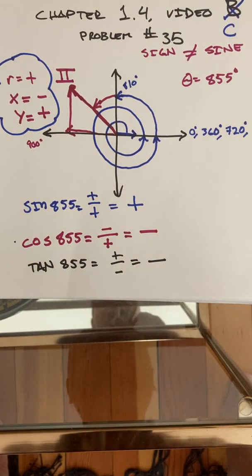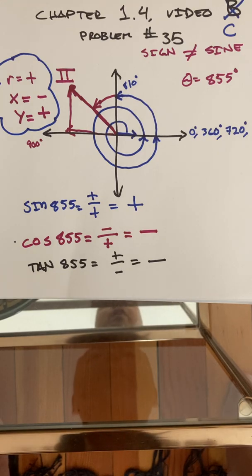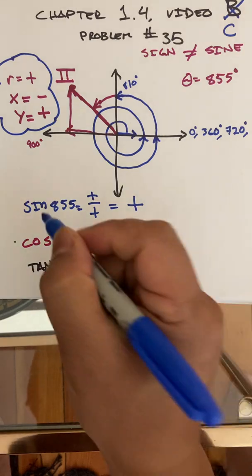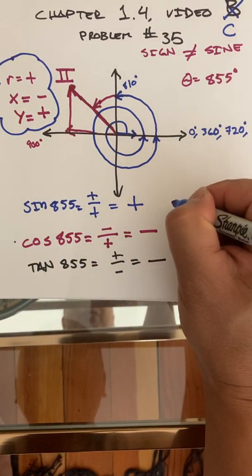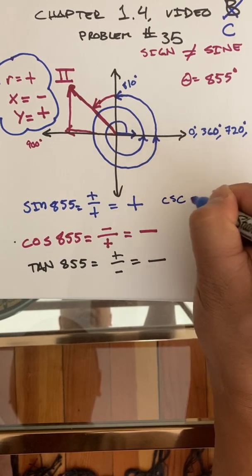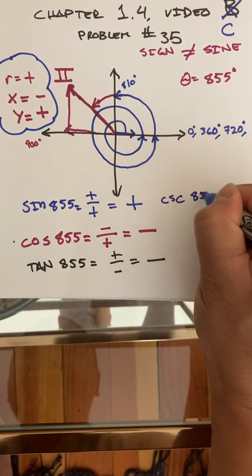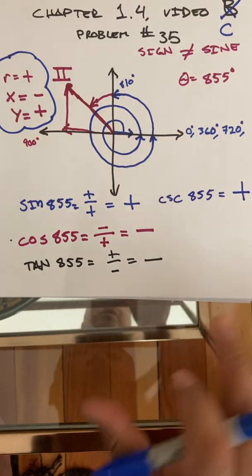Okay, and then the partners of all three of these are going to have the same signs. And by partners, I mean the partner, or reciprocal, of sine is cosecant. So the cosecant of 855 will also be a positive number.